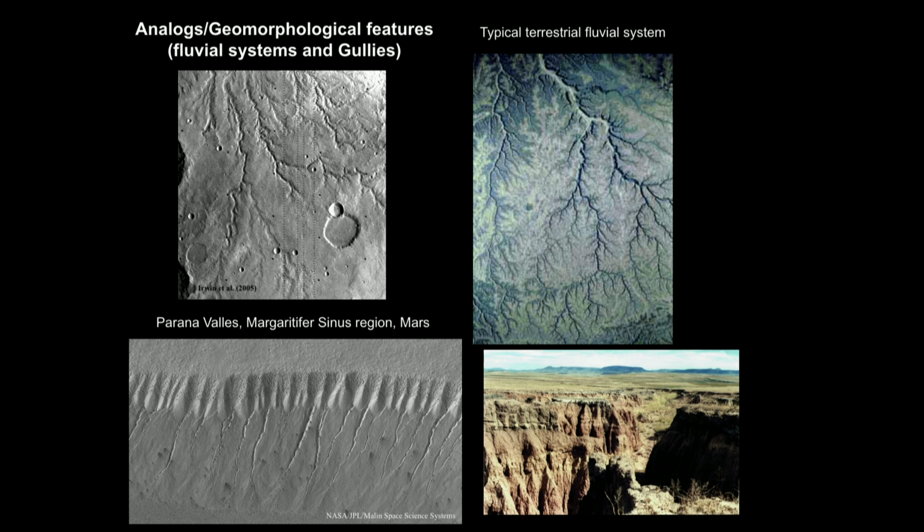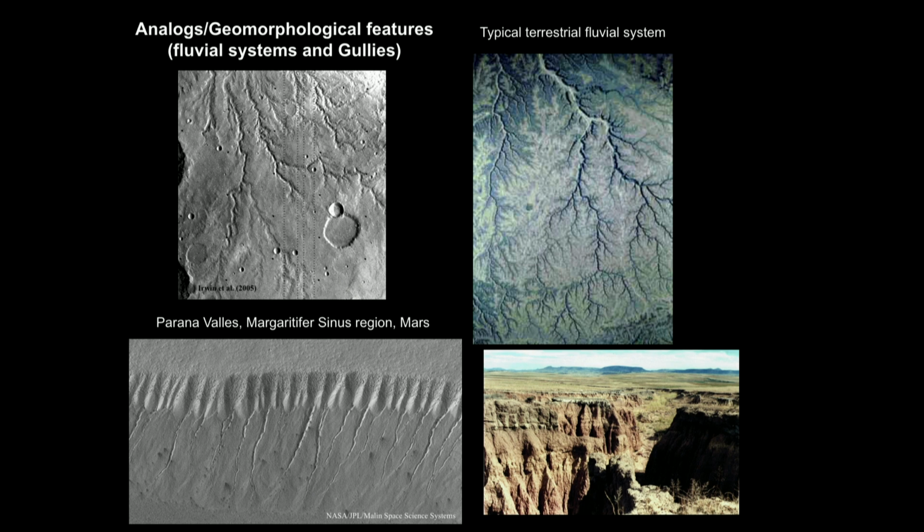We can have also some similarities, like for example fluvial systems, which are very good examples about the superficial runoff of liquid water, not only minerals, as we will see, but also these geomorphological features, fluvial systems and gullies. And this is the typical terrestrial fluvial system.